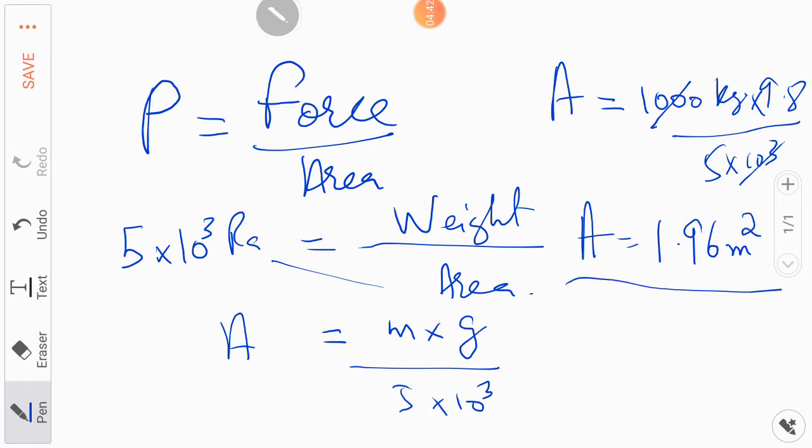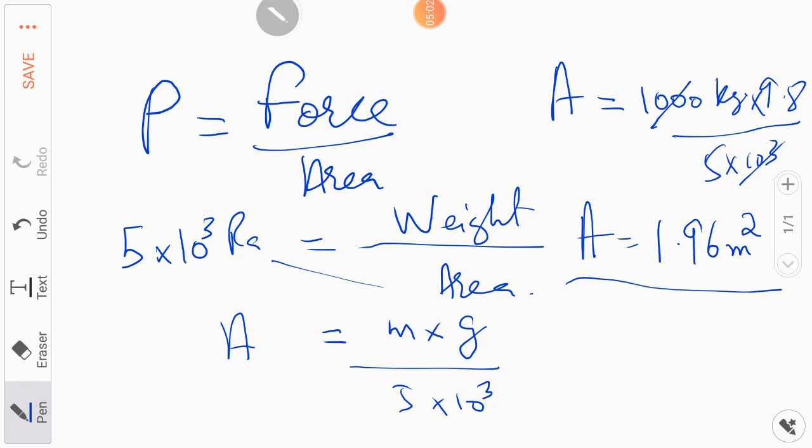So this is the minimum area required by the pillar to withstand on the concrete floor. If we reduce the area less than this value, then it can break the concrete floor. But if we increase it, then it will be safe.